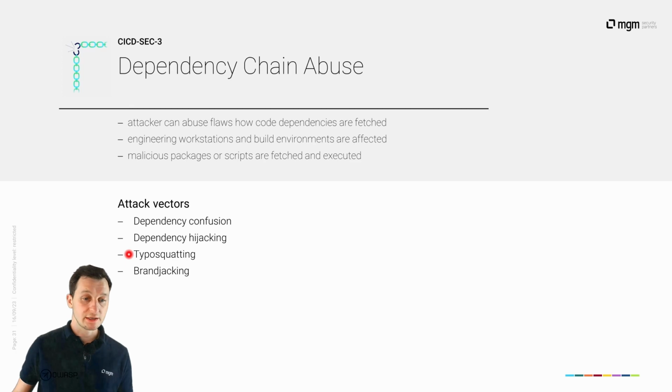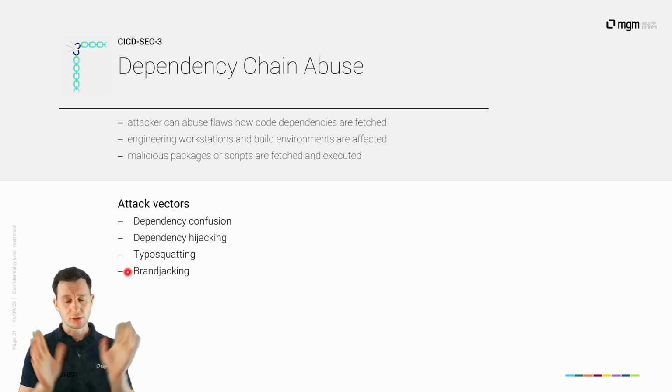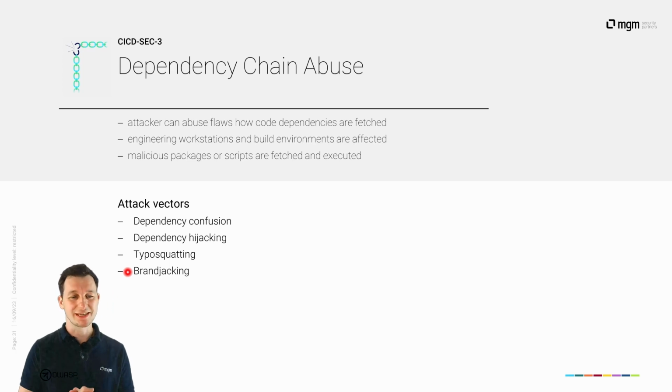Another thing would be brand squatting. Brand squatting means that specific brands, like maybe Google, though I'm not completely sure what kind of packages they give out, sometimes use specific ways of naming their packages, like company name underscore and then something.